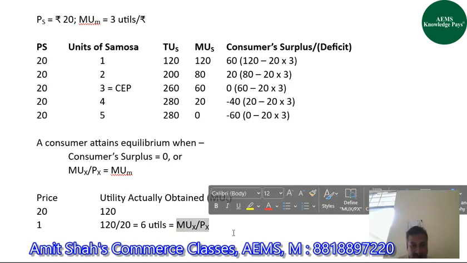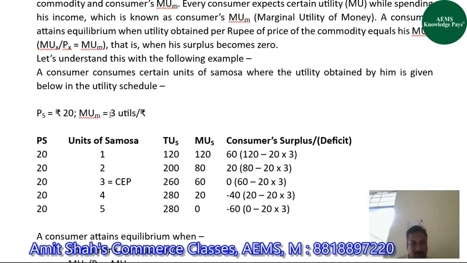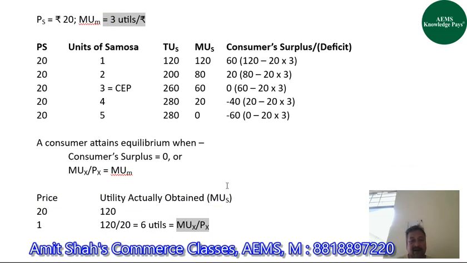Now, if this is equal to 3, that is his MUM, then only he attains his equilibrium. As of now, it is not equivalent to MUM because MUM is 3. Here, MUX upon PX is becoming equal to 3. Here again he spent 20 rupees and got 60 utils.